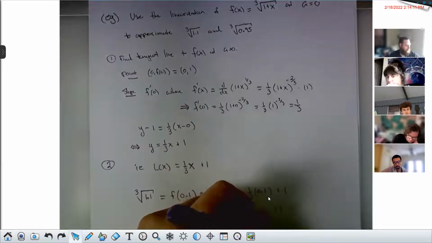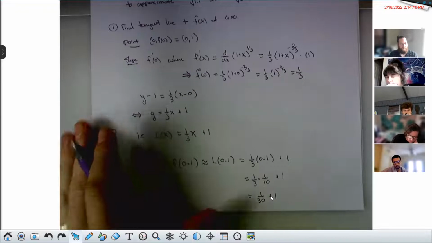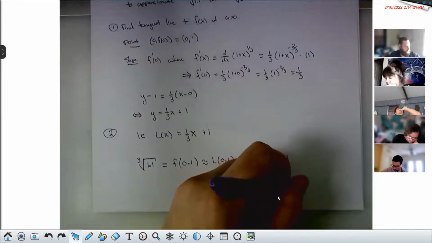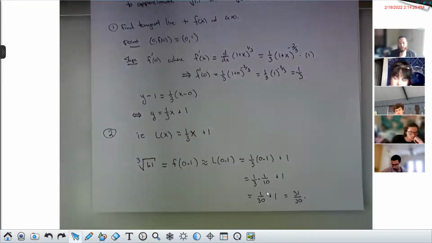That's 1/30th plus 1. Or if you like, 31/30ths. So it's a nice rational approximation for the cube root of 1.1, which is certainly an irrational number.